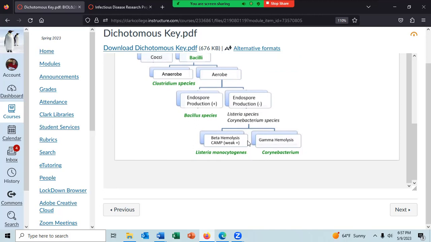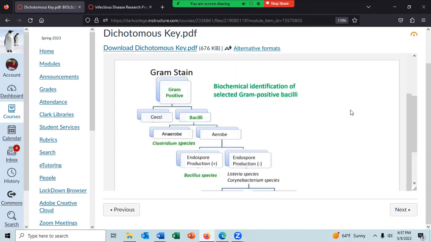This is used looking at the hemolytic activity on blood agar plates. If it's beta hemolytic, it'll be Listeria monocytogenes. And if it's gamma hemolysis, it'll be Corynebacterium species. All right, any question about that? That's how you use it.